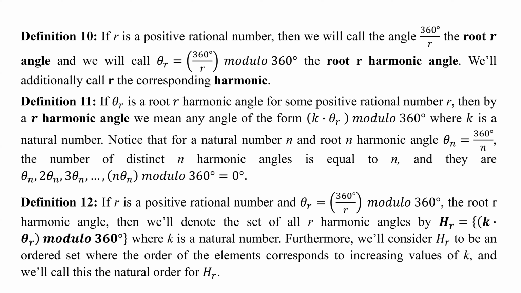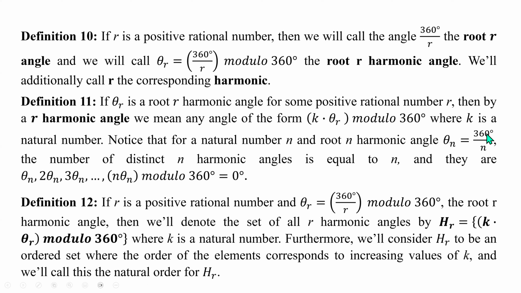Okay, notice that for a natural number n and root n harmonic angle, theta sub n equal to 360 degrees over n, the number of distinct n harmonic angles is equal to n. And they are theta sub n, 2 times theta sub n, 3 times theta sub n, all the way up until we get to n times theta sub n, modulo 360 degrees, which will be equal to 0 degrees.